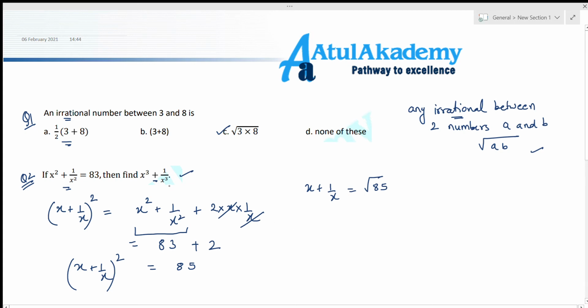Now we will use this. We can find the cube. You know what x plus 1 by x whole cube is. The formula for this is a cube plus b cube plus 3 into a into b, into a plus b.